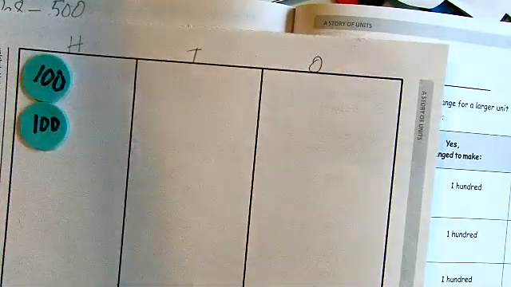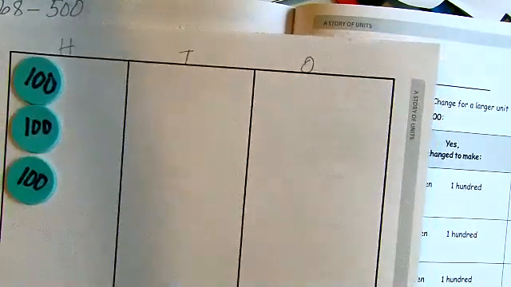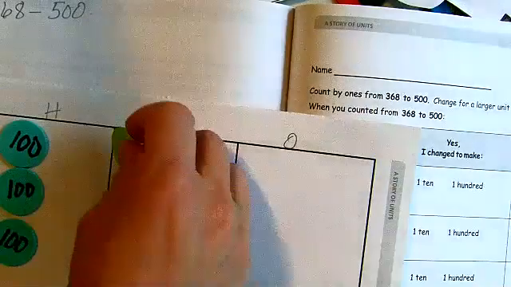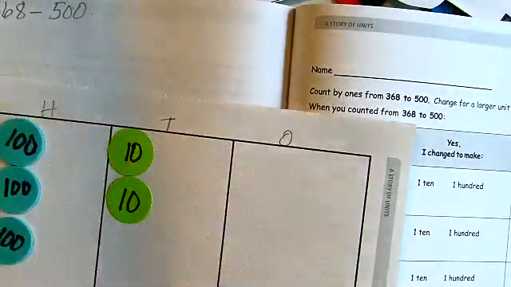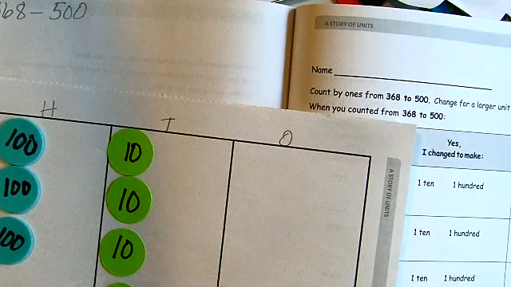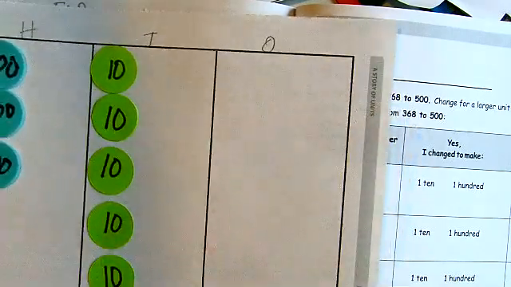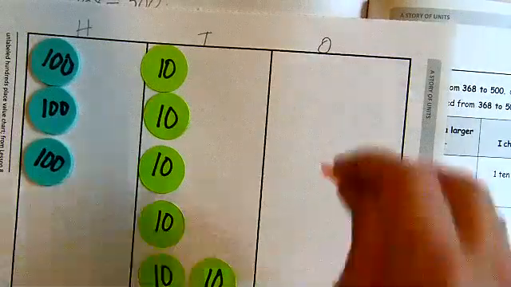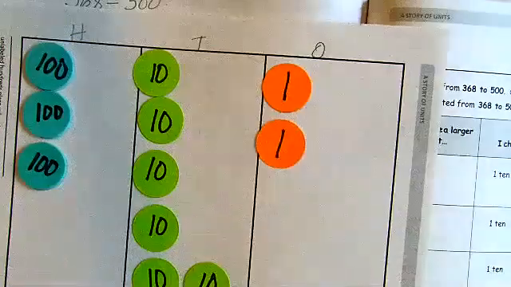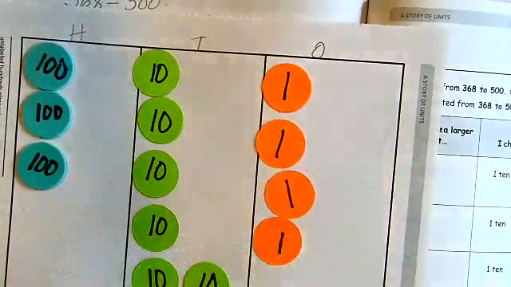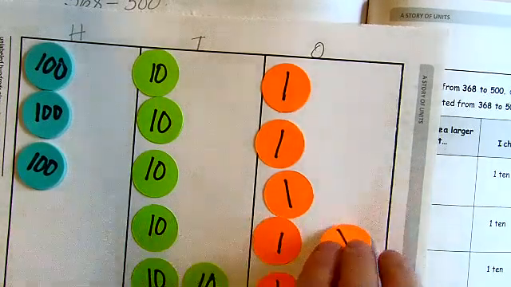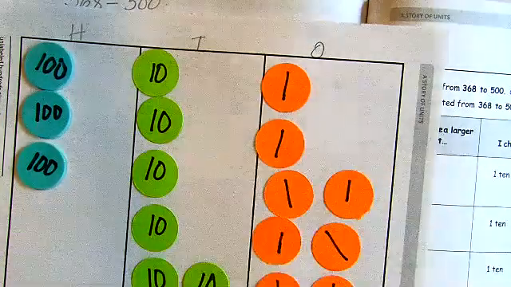1, 2, 3, 4, 5, 6 hundreds. 368 would be a 6 in the tens place, and we're going to have 8 in the ones place. 1, 2, 3, 4, 5, 6, 7, 8.